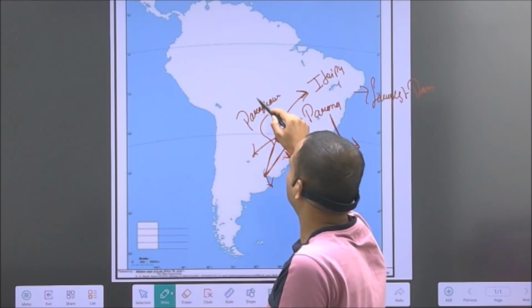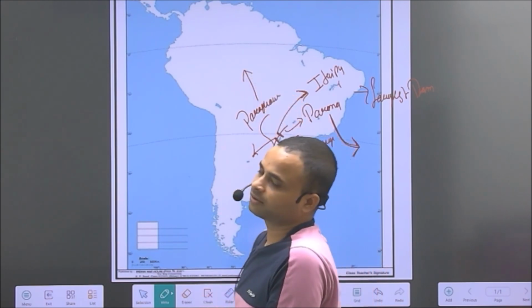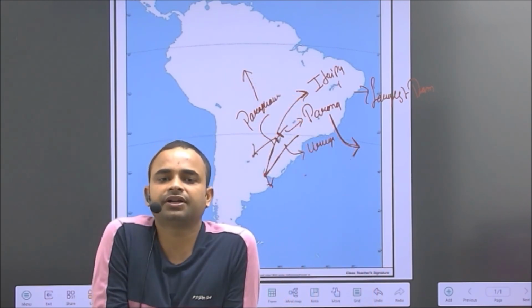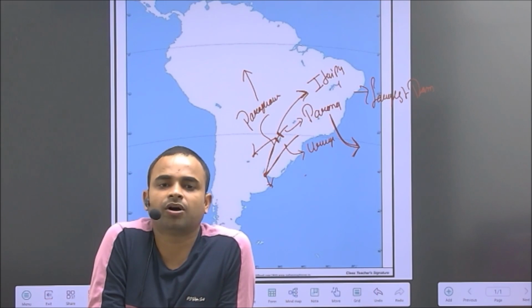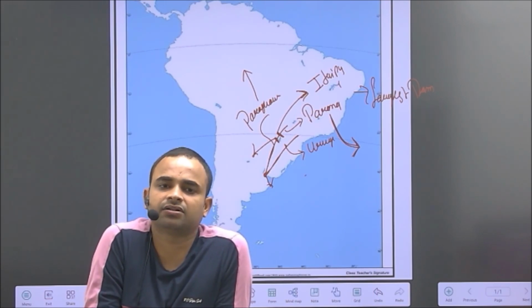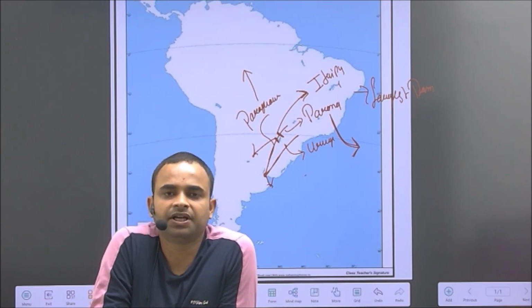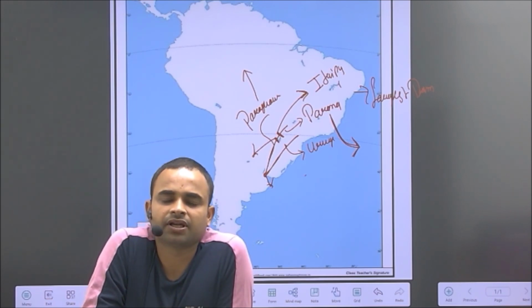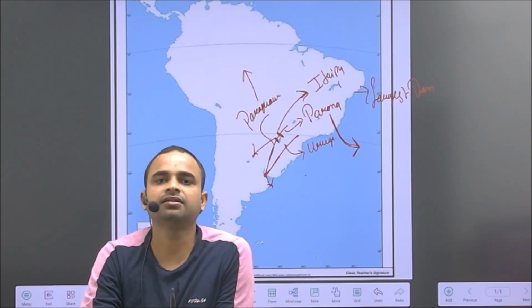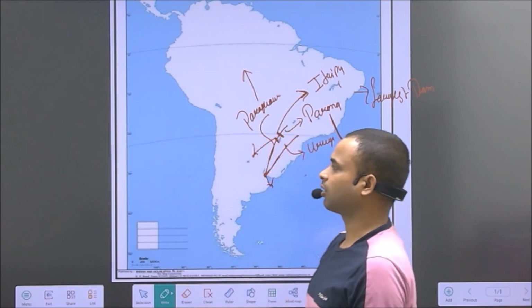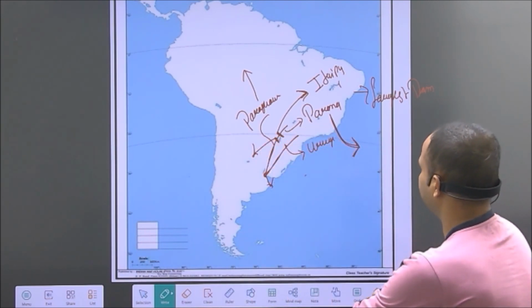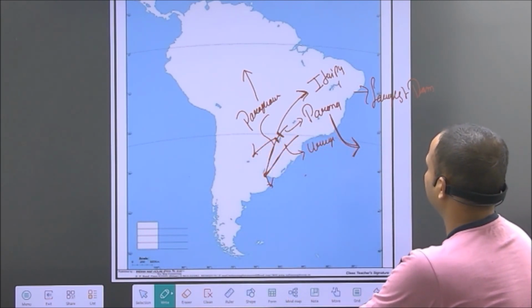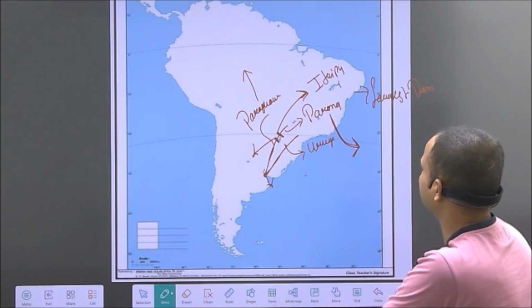And the Paraguay River makes a boundary, like the Parana River, between Brazil and Paraguay, then Paraguay and Argentina. So according to boundary, these rivers are very important.